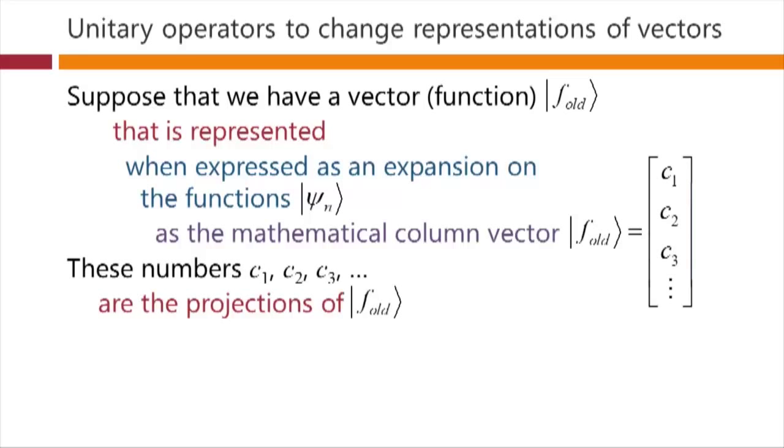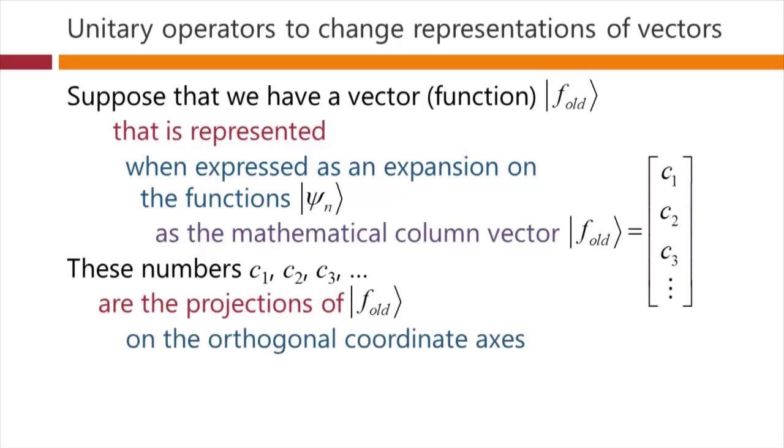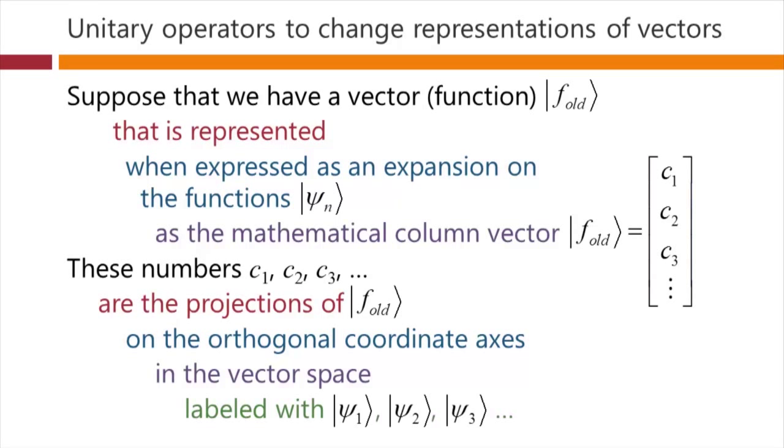These numbers are just the projections of this vector, f old, onto these orthogonal coordinate axes in the vector space. And those coordinate axes are labelled with these kets, psi1, psi2, psi3.